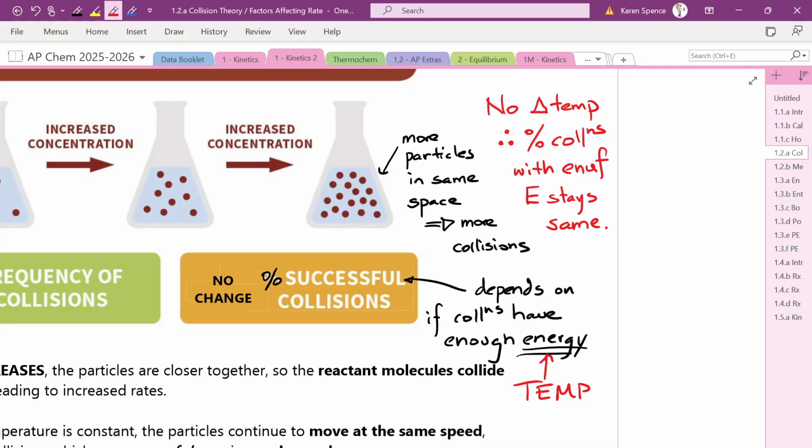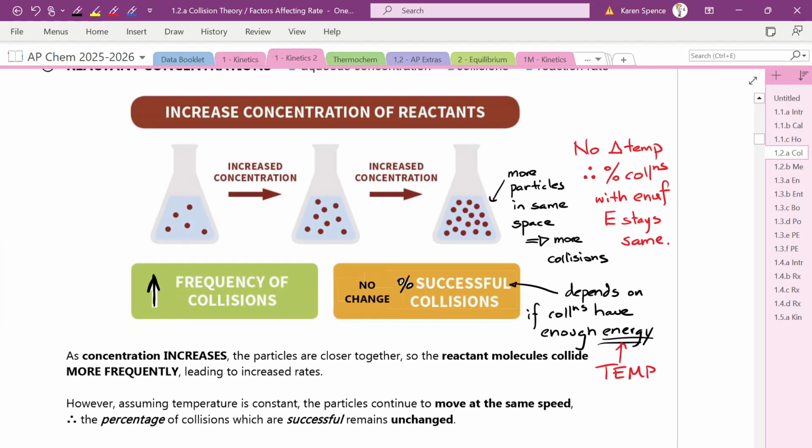So we've gone from having, let's say we had at a low concentration 10 collisions per second, okay? And let's say 40% of those have enough energy.